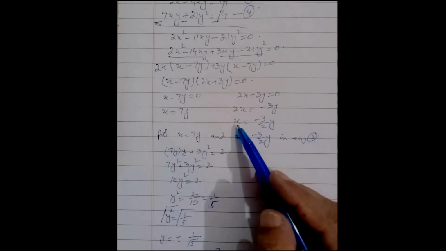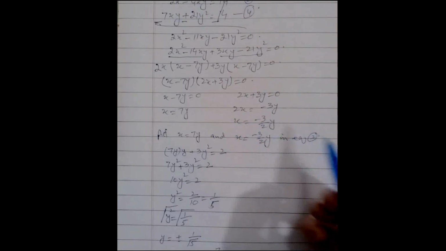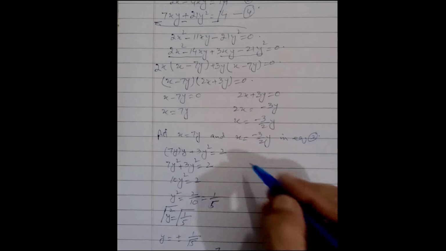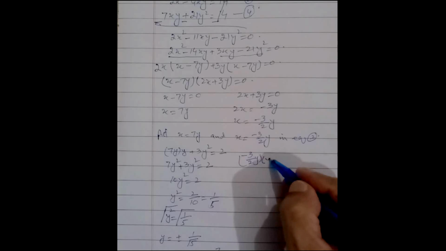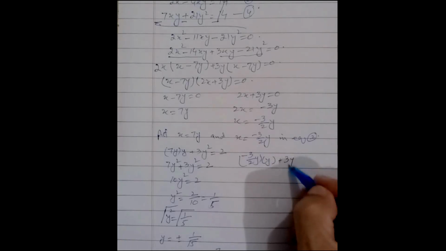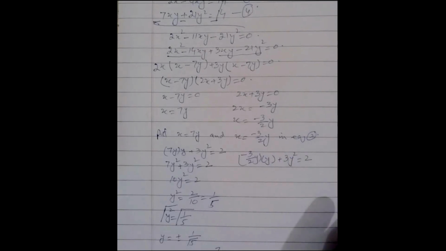And similarly, we solve the other value of x is equal to minus 3 over 2y, and we put in equation 2, which is minus 3 over 2y into y plus 3y square is equal to 2.